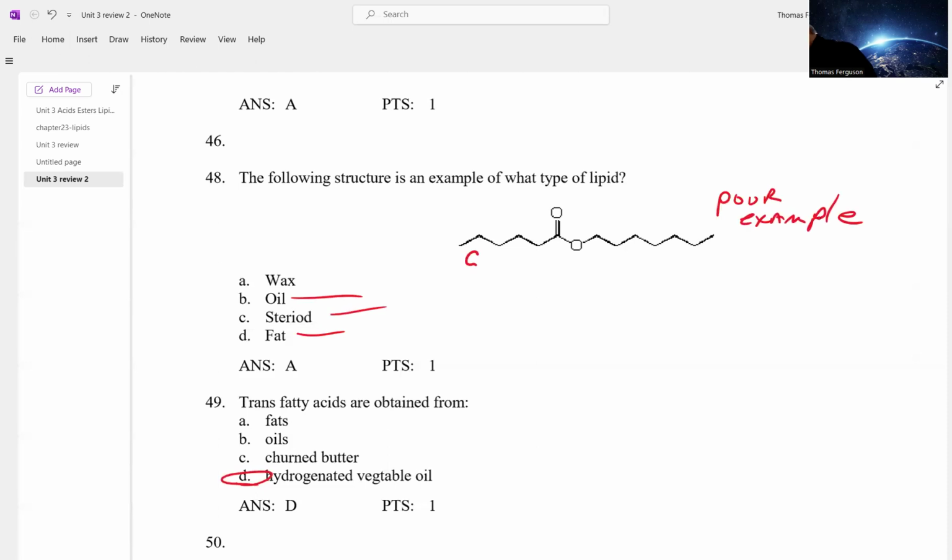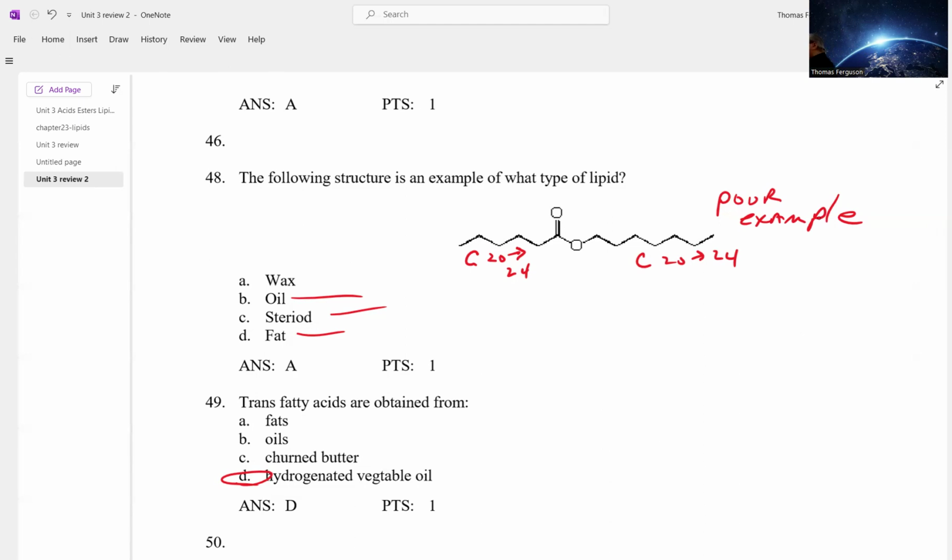These should be like C20, 24. Same with this over here. Really, really long alcohols and fatty acids. Because waxes, as you know, are very solid at room temperature.